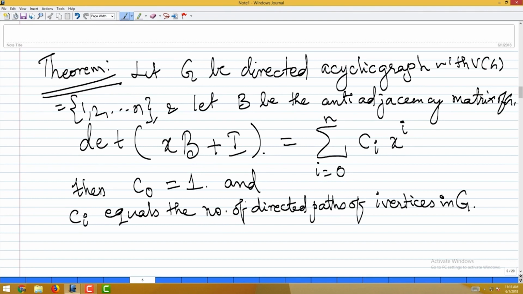Similarly, C_i is nothing but you look at any i by i submatrix, and you count all possible i by i submatrices. The determinant of that submatrix will be 1 only if there is a directed path on those i vertices, otherwise it will become 0 again. So, just a generalization of these results, you can immediately say that the count holds very well for us, right.